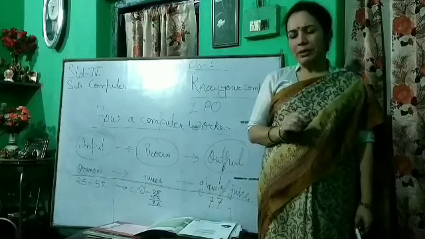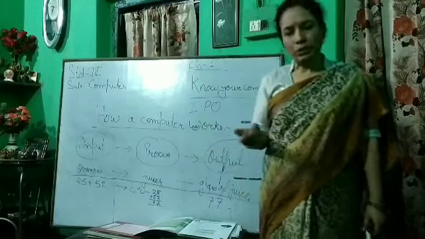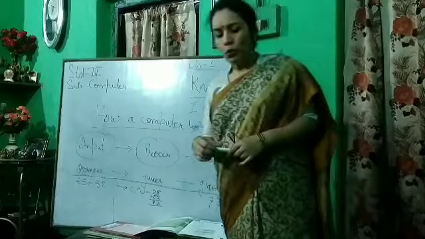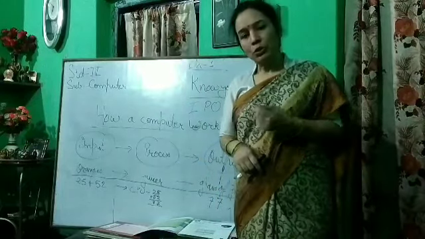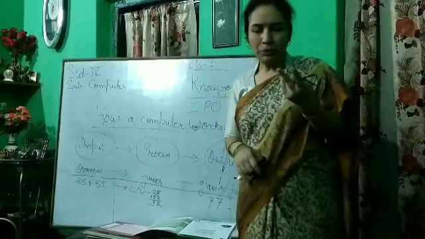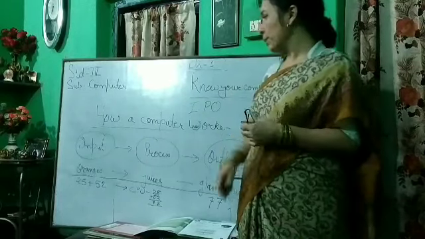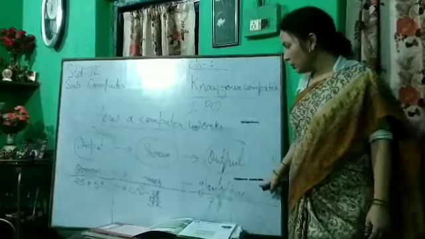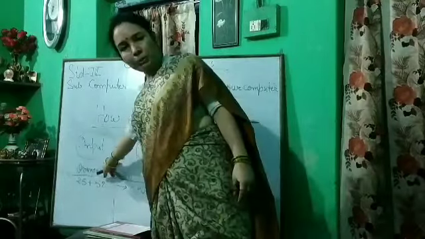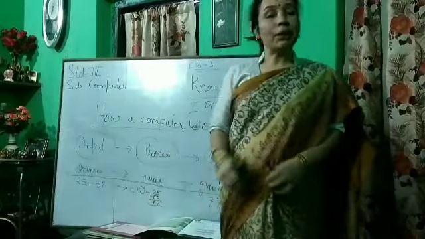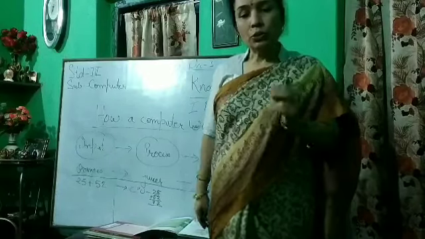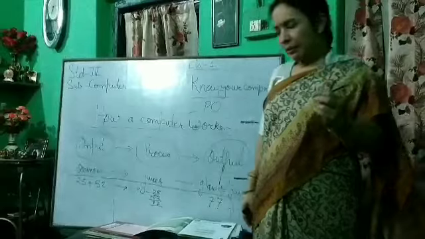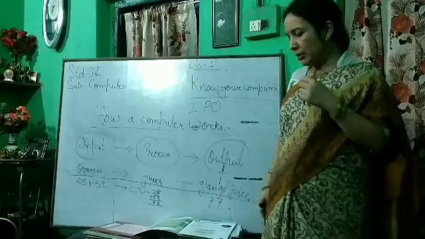Suppose one more example, sharpening a pencil. Every student does it every day. For sharpening a pencil, what do you require? One sharpener and a pencil. So these two are input. For making a glass of juice, oranges are input. And for sharpening, a blunt pencil is the input.